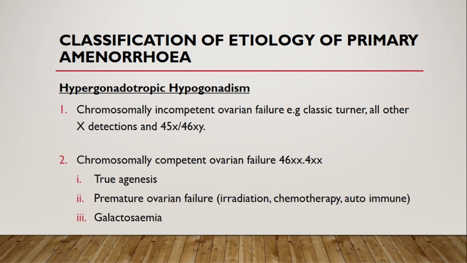This type of patients may never achieve menarche, and they could present as primary amenorrhea. And lastly, galactosemia. This is an inherited enzyme deficiency. Patients with galactosemia may present with primary amenorrhea.